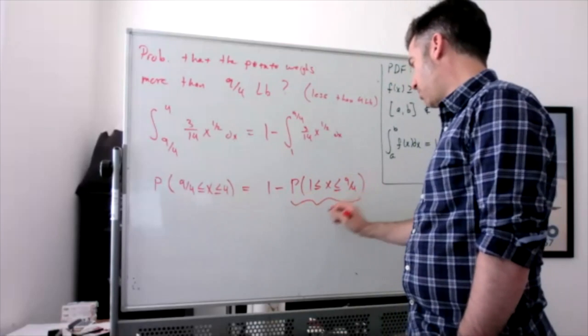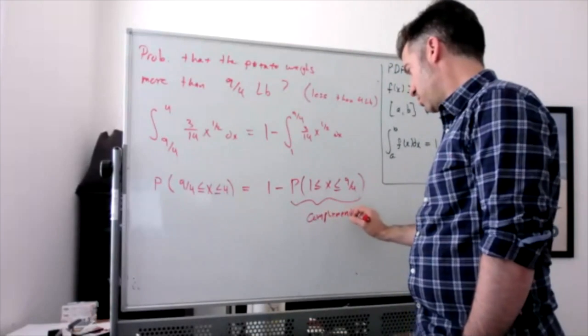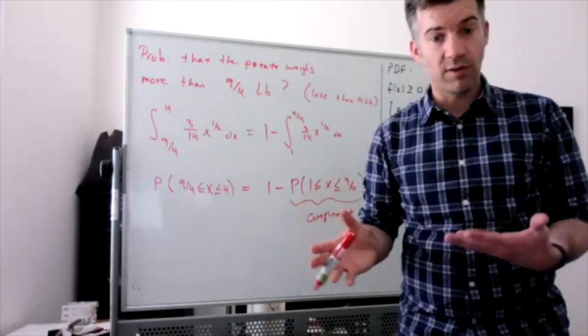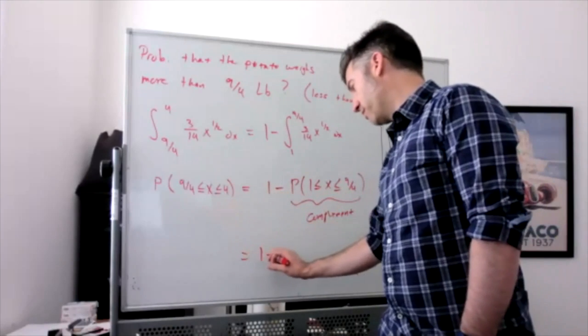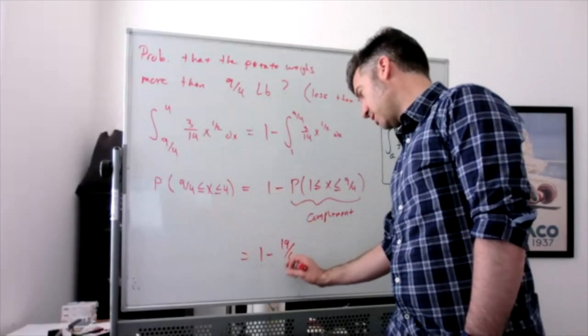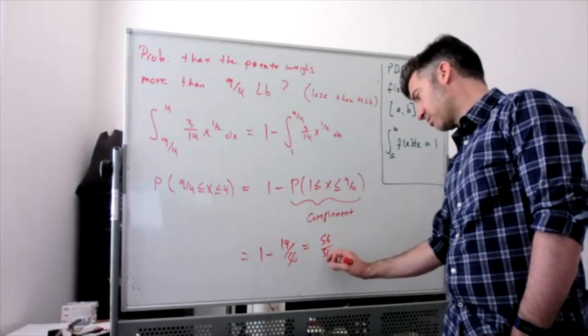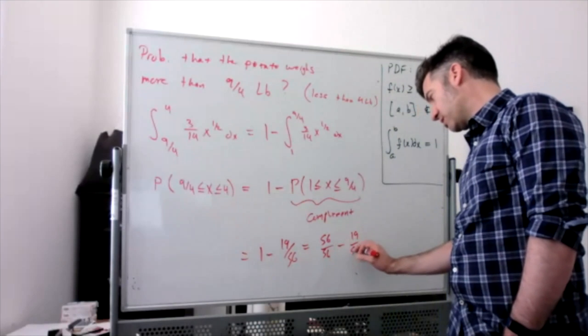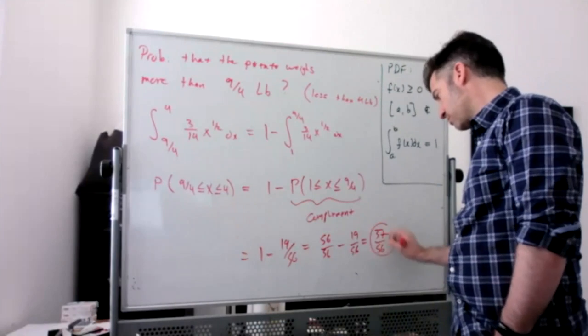That's the complement. It's all the leftovers after you look at what that is. Well, we calculated that, so that's going to be 1 minus 19/56, and 56/56 minus 19/56 is going to be 37 over 56.